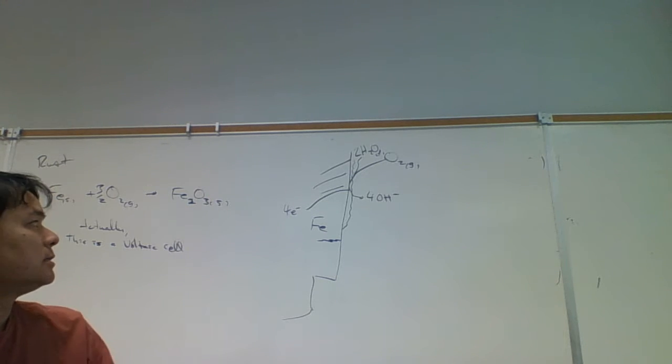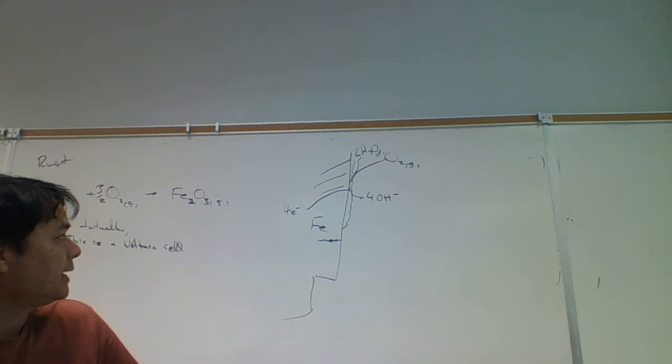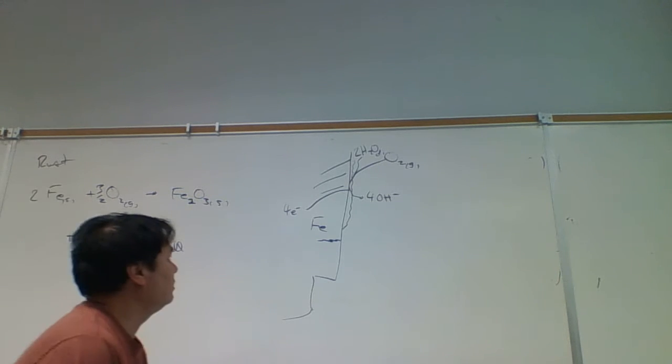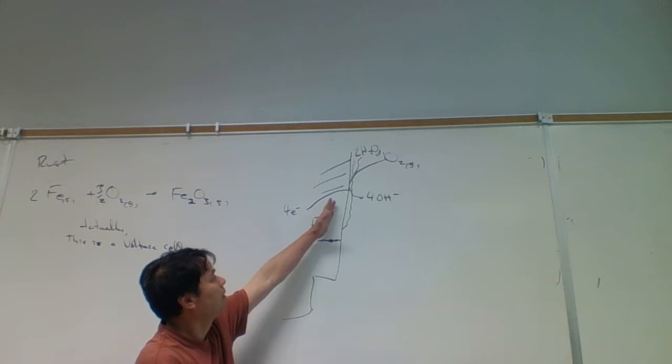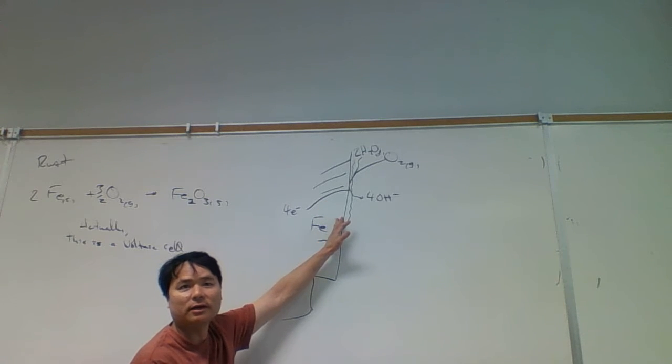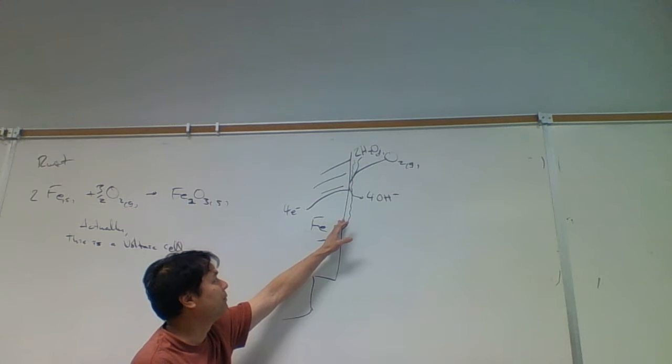The problem is how the oxidation takes place, because the oxygen can come in anywhere, and it does come in everywhere. But the iron is a metal, and metals conduct electricity. The electrons move freely in metals.